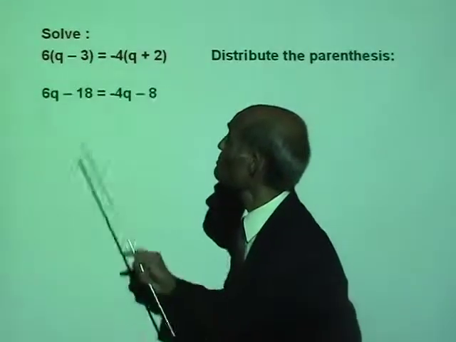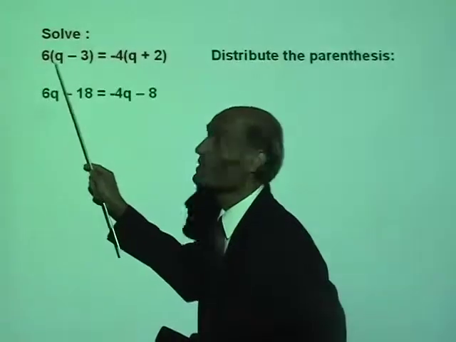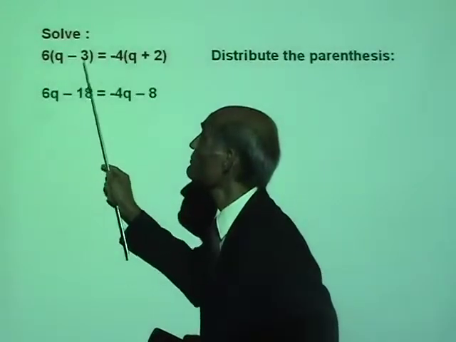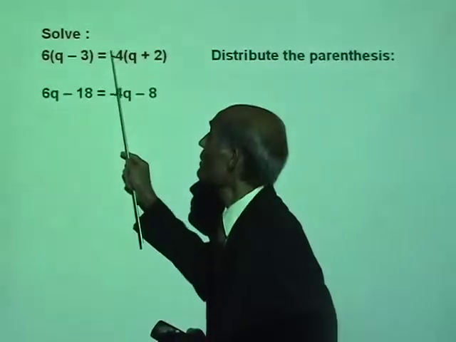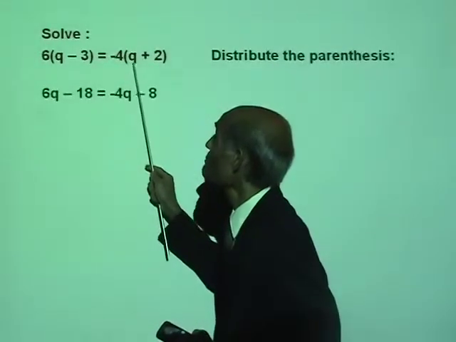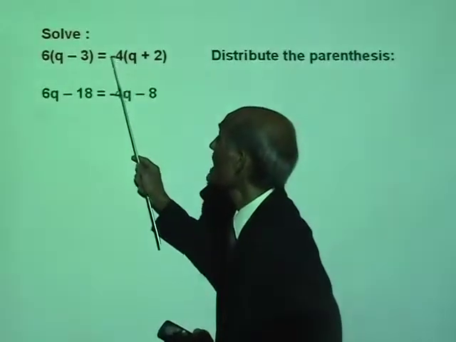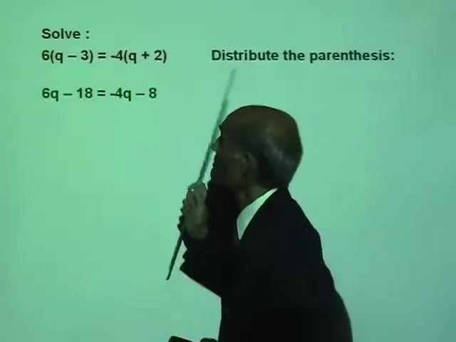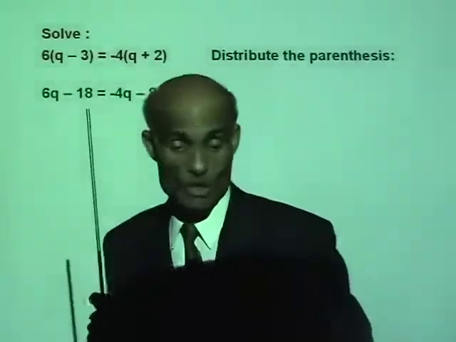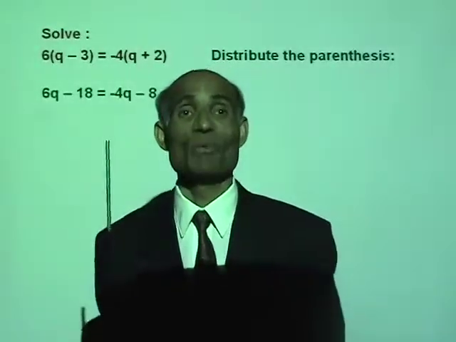Okay, so distribute: 6 times q is 6q, 6 times negative 3 is minus 18, equal to negative 4 times q is negative 4q, and negative 4 times positive 2 is negative 8. Now we have simple terms on each side. What do we do now?